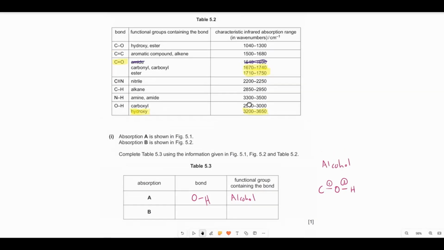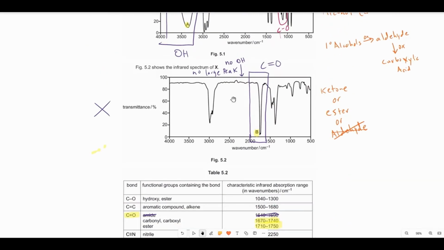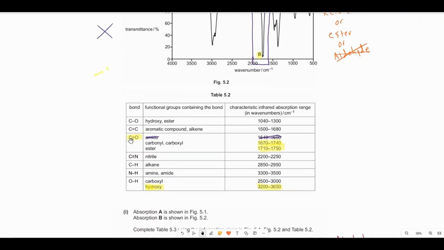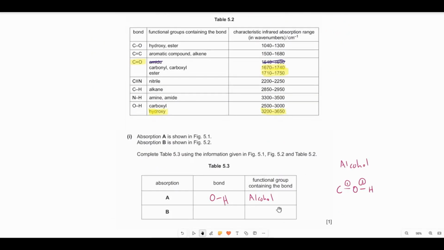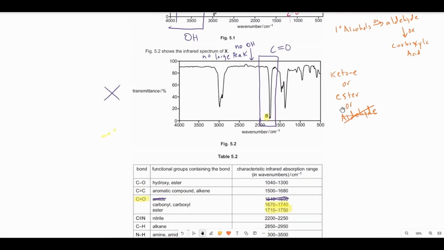And then for B, on the other spectra, if we go up, this deep, narrow peak right here, strong narrow peak, we said is our C double bond O. Now we are between a ketone and an ester. So what do we put for functional group? How do we figure out which one it is? Here's the good part. We don't need to. Why? Both esters and ketones are part of a bigger family called the carbonyls.